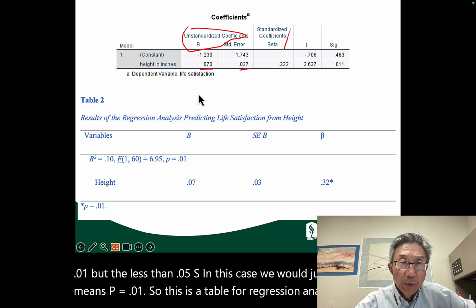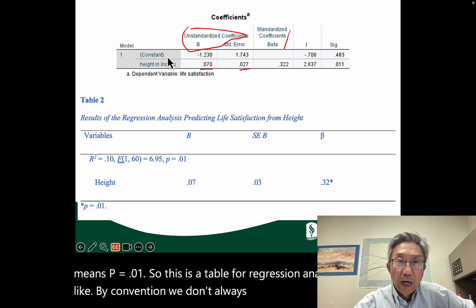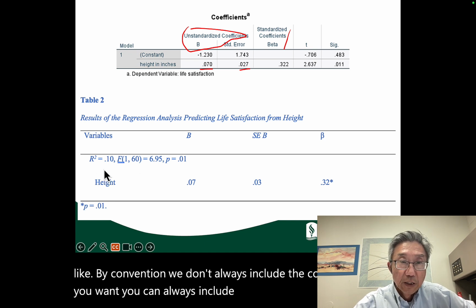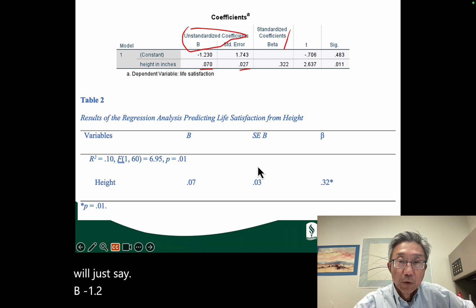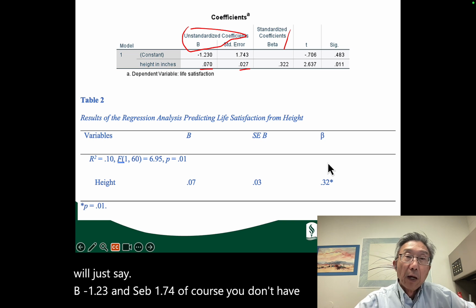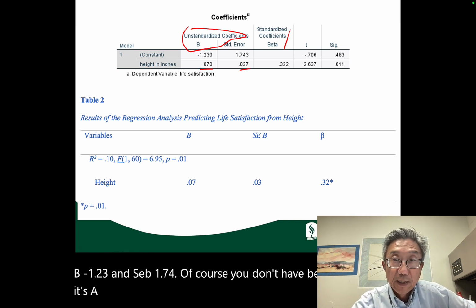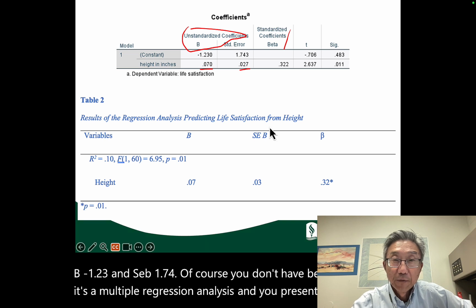By convention, we don't always include the constant, but if you want, you can always include it. You would just say constant B negative 1.23 and SE B 1.74. Of course, you don't have beta. Now, what if it's a multiple regression analysis? Well, the table would look very similar.